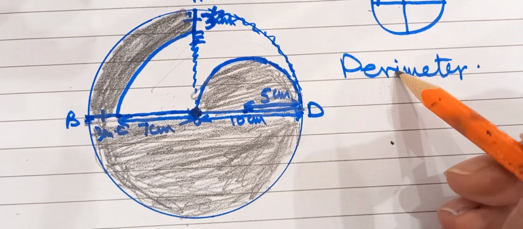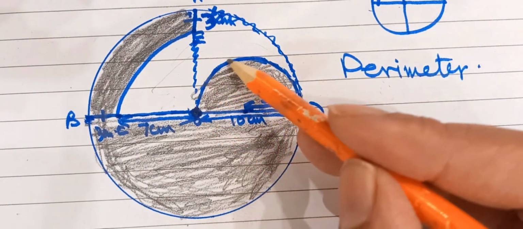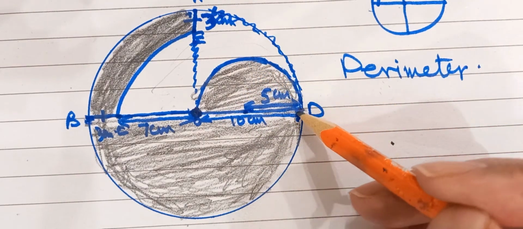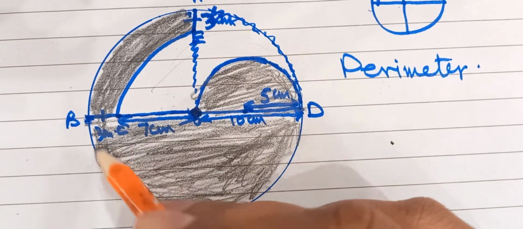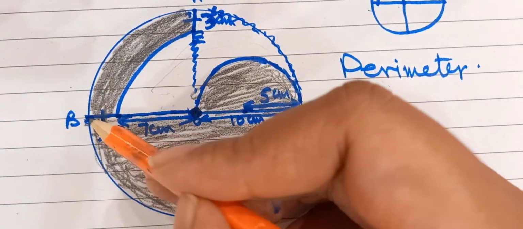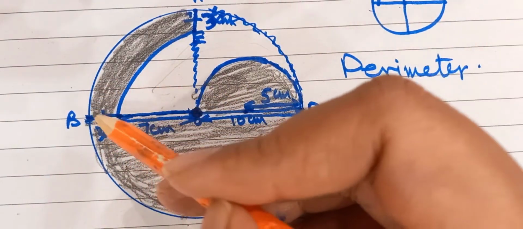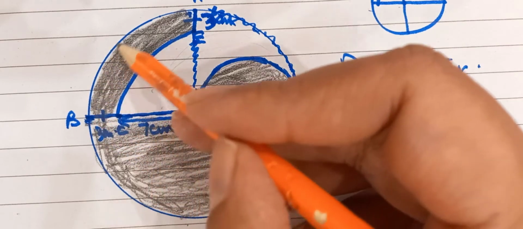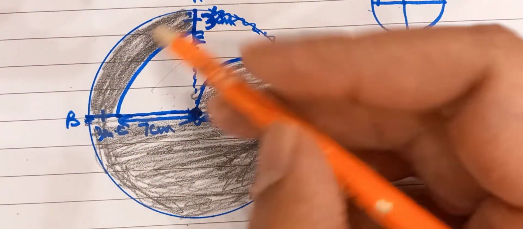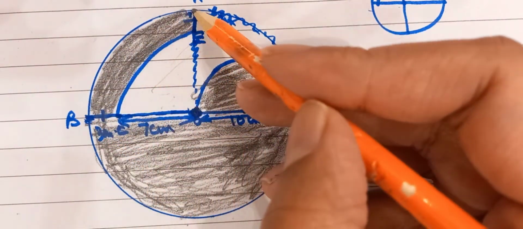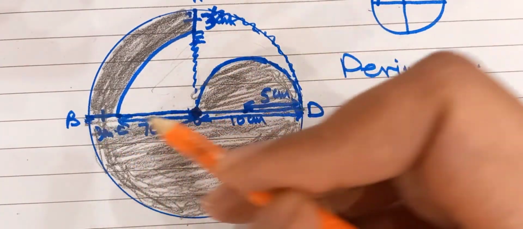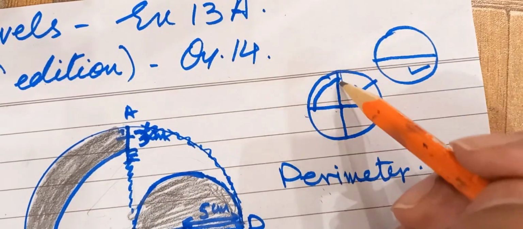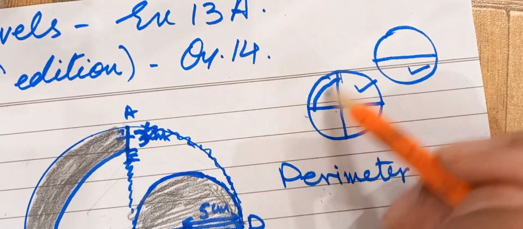So for perimeter, we have to find the circumference of the small semicircle, then the circumference of the big semicircle. And then this is again a circular region, a quadrant, because I have told you this arc is drawn in that quadrant.